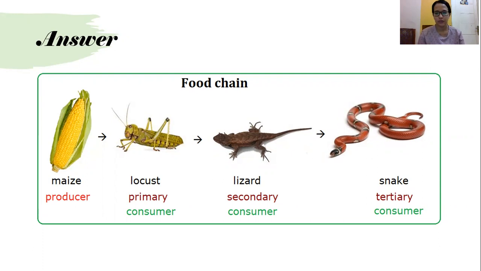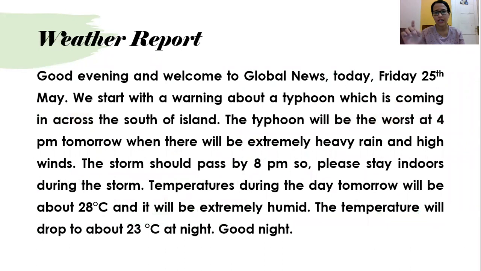Now let's move to reading, a passage of a weather report. In here, you have to clearly understand the message, the information, before you answer correctly. Good evening and welcome to Global News today, Friday, 25th May. We start with a warning about a typhoon which is coming across the south of Ireland.